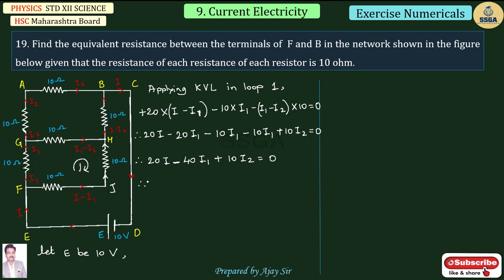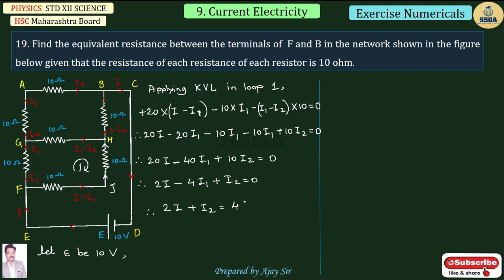So again we can simplify this further by dividing by 10 on both sides, each term. Then this becomes 10 into I minus 4 into I1 plus I2, dividing by 10 throughout. Only this term, if you shift it to the right hand side, then it will be 4 into I1, and this will be 2 into I plus I2.